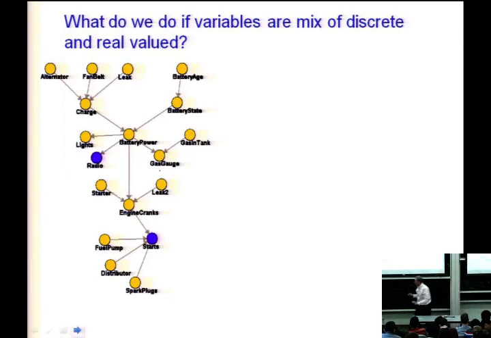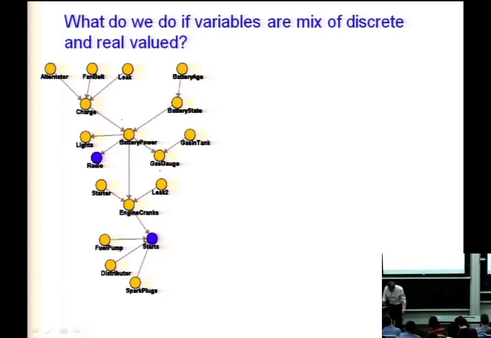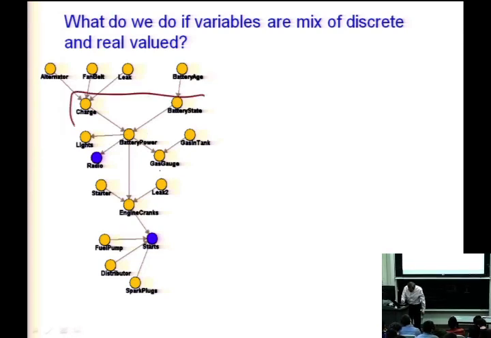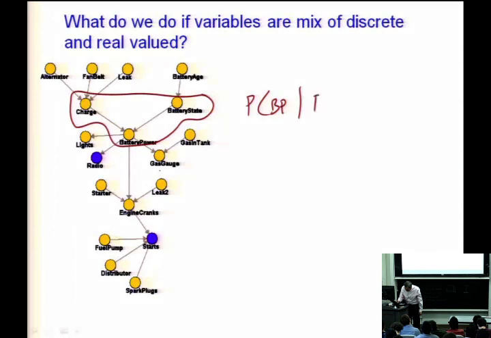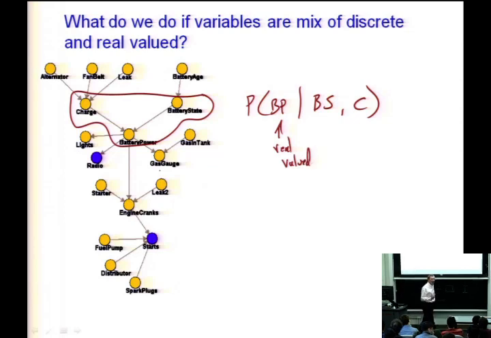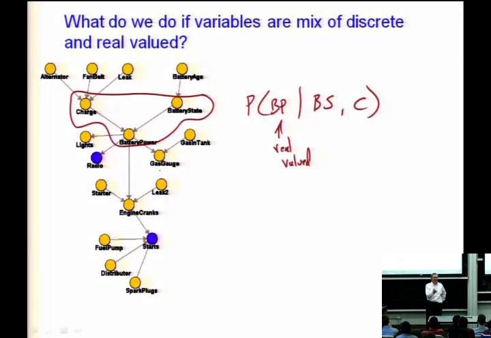But we need some way of representing the probability of battery power given battery state and charge. And if we're assuming this is real valued, we can't use just a Bernoulli distribution to represent a distribution on a real valued variable. We need something else.